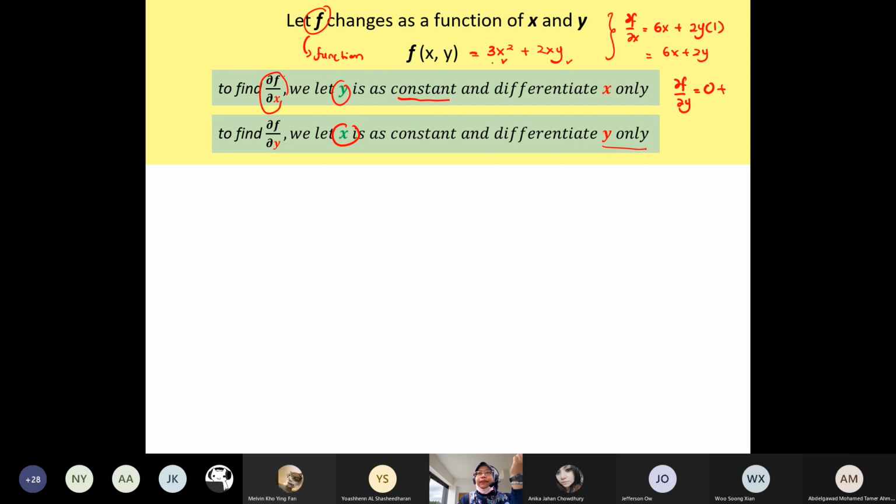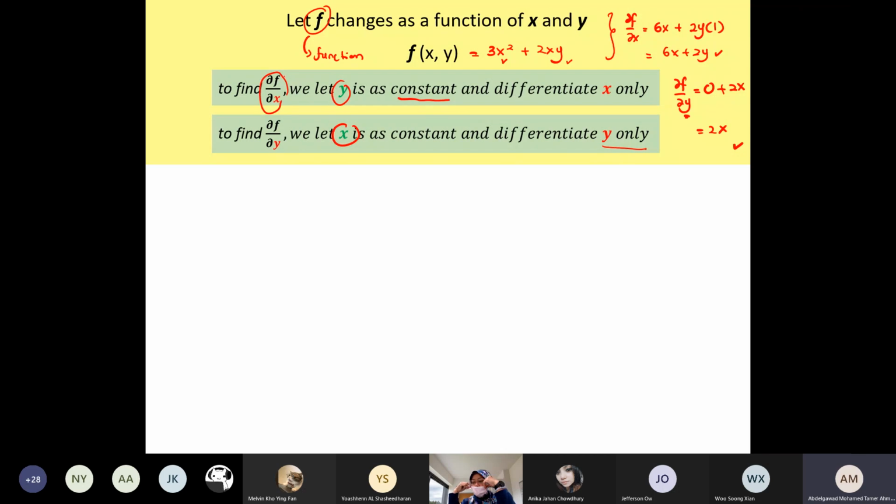So plus, differentiate y. In this term you have x and y, so x now becomes constant. The constant you write down, and you differentiate y, which becomes 1. So the answer here is only 2x, right? So you can see now the difference between df over dx and df over dy.